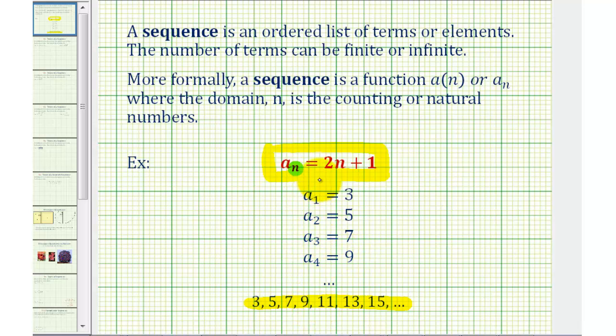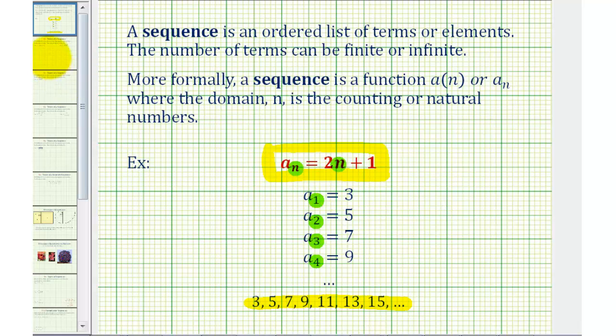So notice for a sub 1, n is equal to 1, so we substitute 1 for n in the formula to generate the term. Notice 2 times 1 plus 1 is equal to 3. To find the second term, or a sub 2, we substitute 2 for n. For a sub 3, we substitute 3 for n. And for a sub 4, we substitute 4 for n.